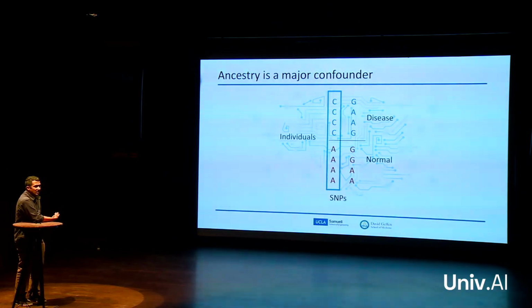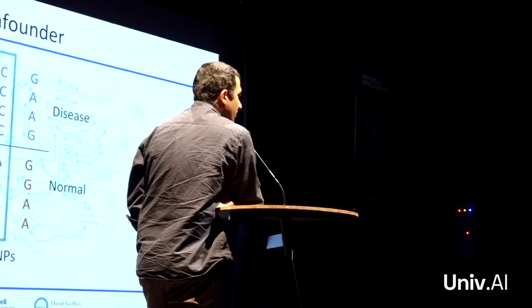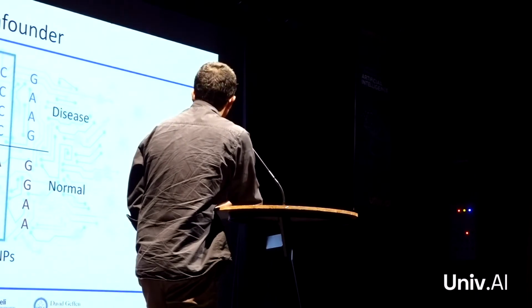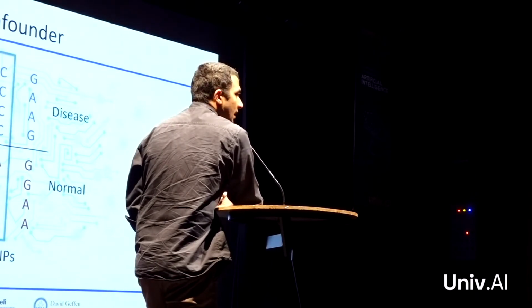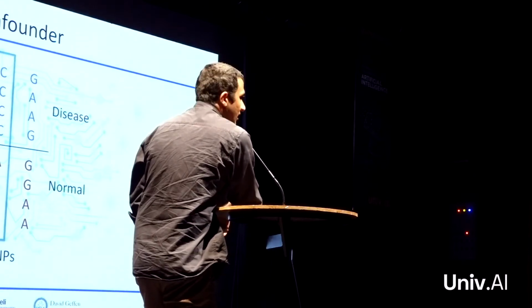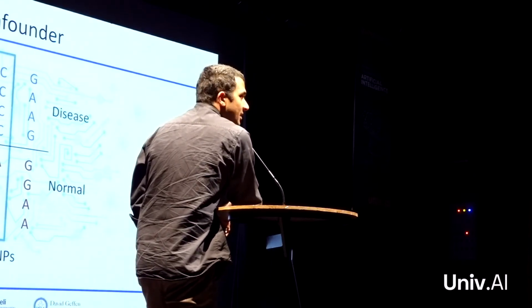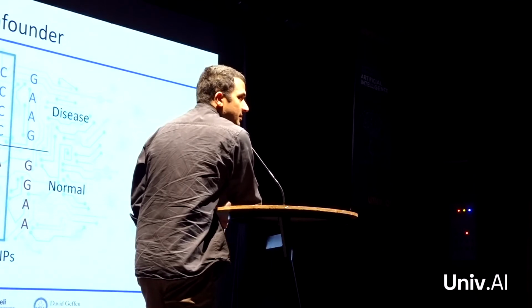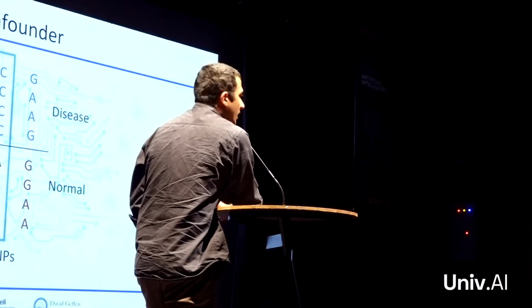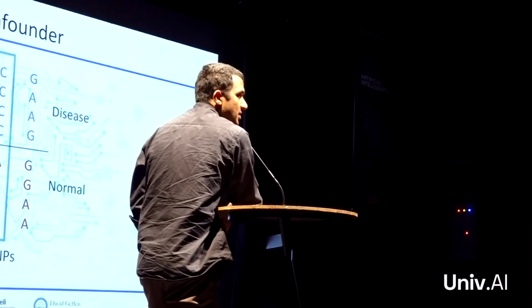This could simply be the fact that we have collected people who are living in two different places, and so they carry a mutation completely by chance, and this mutation correlates with the disease status. In this case, this color, whether or not you belong to blue or red, is what's called a confounder. If I were to tell you the color of an individual, it completely explains away this association between mutation and disease.